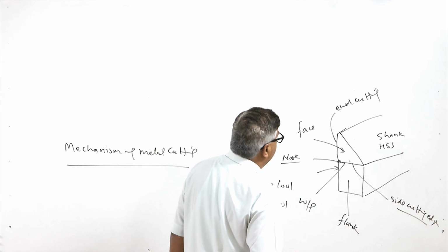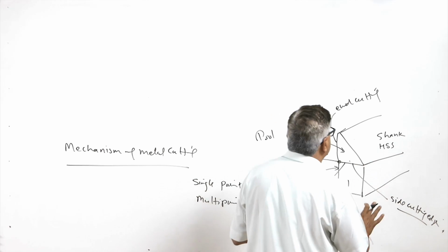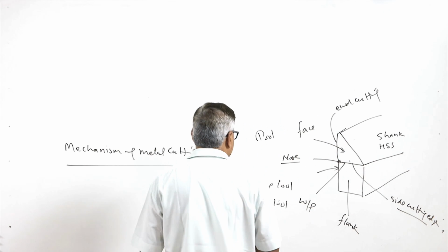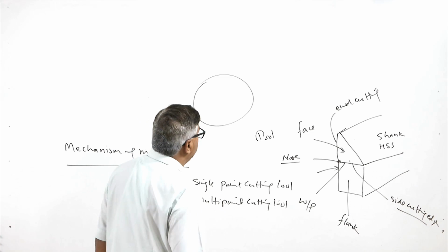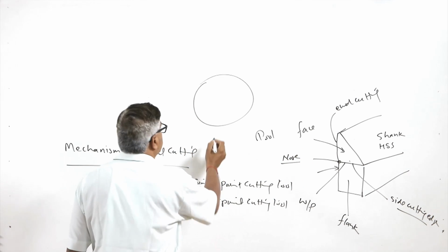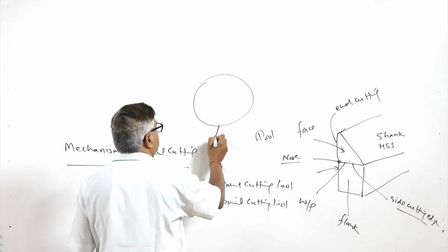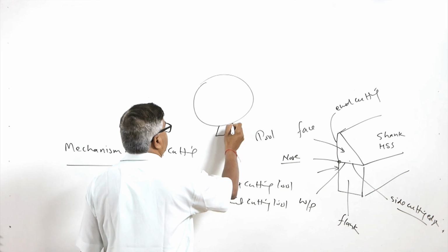So, these are the main parts related to the single point cutting tool, and in case of the multi-point cutting tool, a number of such geometries are created in the tool itself, like this.